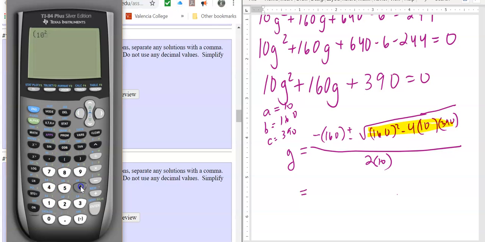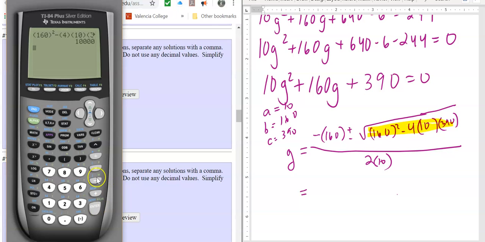That way, if you have a negative or a positive, make sure you do it correctly. And then minus 4 times 10 times 390. Oops. So it tells me that my radicand is 10,000.